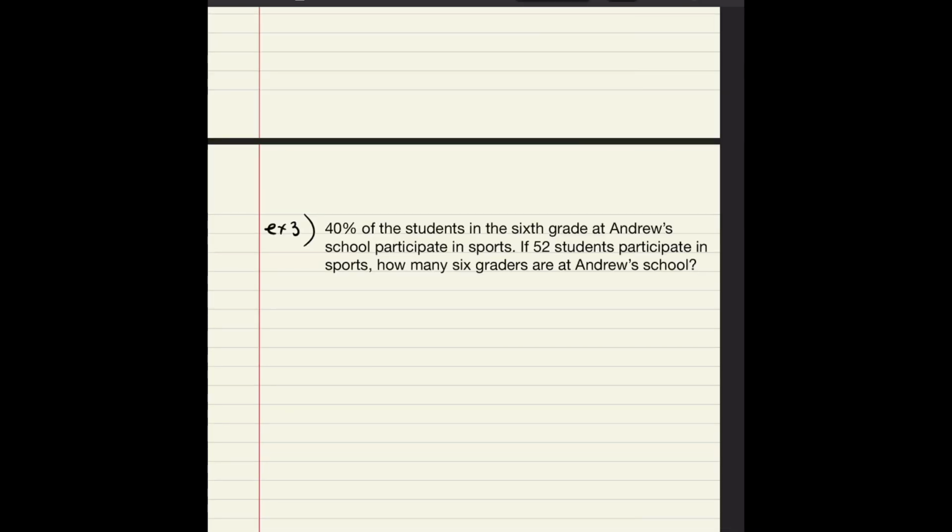Okay, so for example 3, we have a word problem. 40% of the students in the 6th grade at Andrew School participate in sports. If 52 students participate in sports, how many 6th graders are at Andrew School? So we're given a percent. 40% of the students in 6th grade.